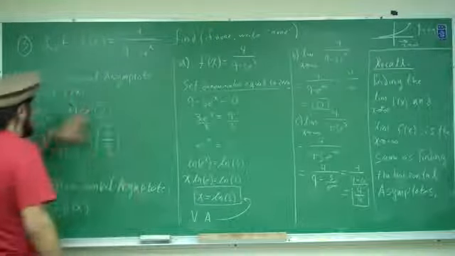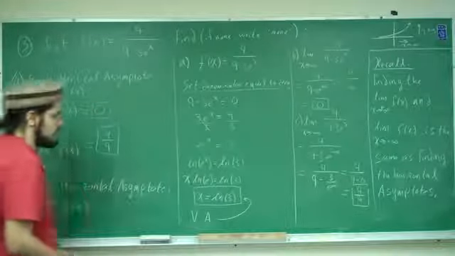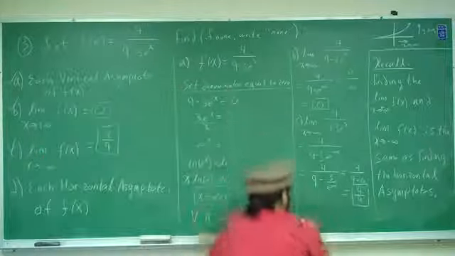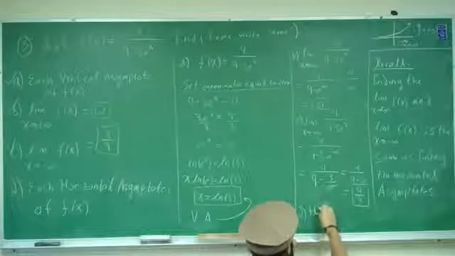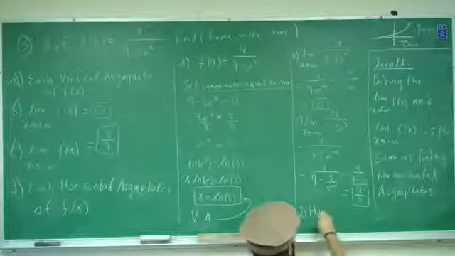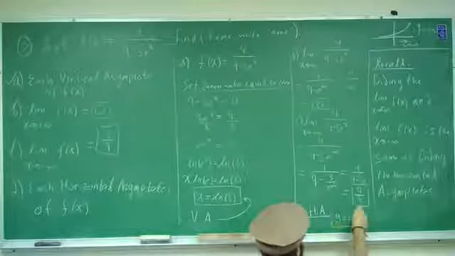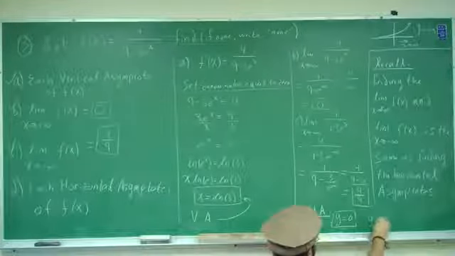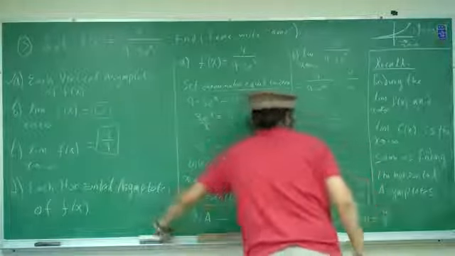These two are horizontal asymptotes. So for part D, the horizontal asymptotes are y equals 0 and y equals 4 over 9.